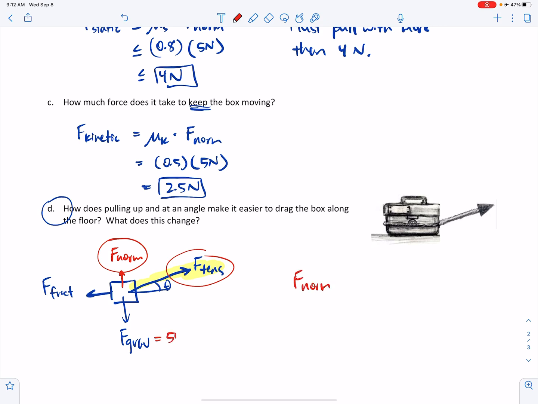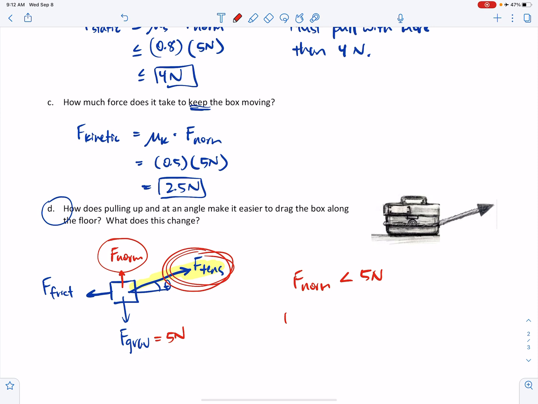Therefore, the normal force, remember, this was 5 newtons in the previous example. The normal force is definitely going to be less than 5 newtons as a result of the fact that we've added tension up at an angle. Okay? So if the normal force is less than 5 newtons, then what's the other effect?